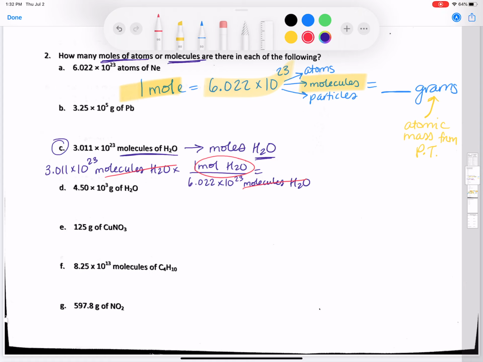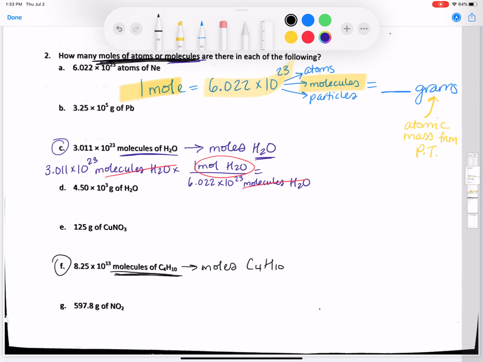So let's take another option. Let's look at F. F is extremely similar to C. And so with F, we're starting with molecules of C4H10, and I still want to end up with moles of C4H10. How do I know that? Well, that's what all of question 2 is asking me, to end with moles.